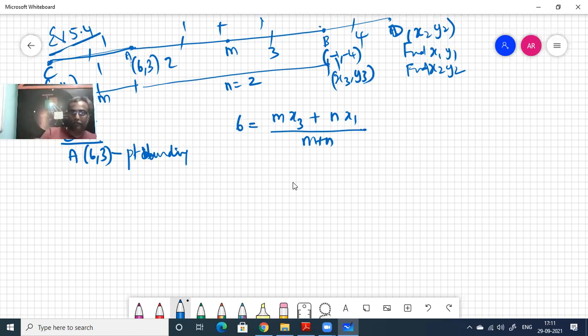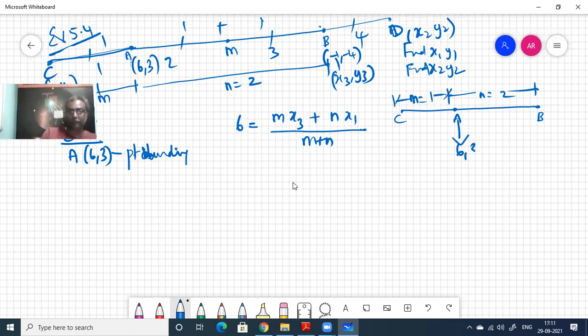This is line CB. It has a point A inside it, in 1 is to 2 ratio. M is equal to 1, N is equal to 2. This point is already known, 6 comma 3.